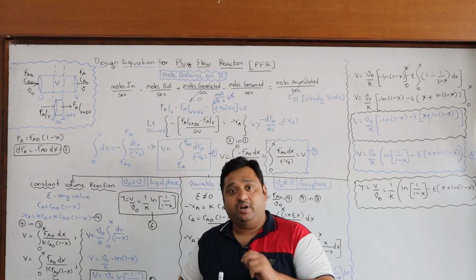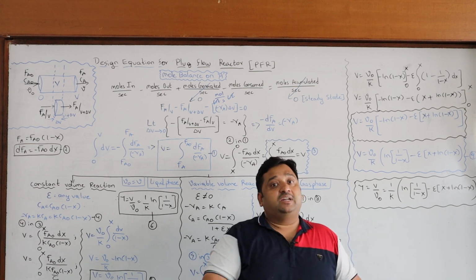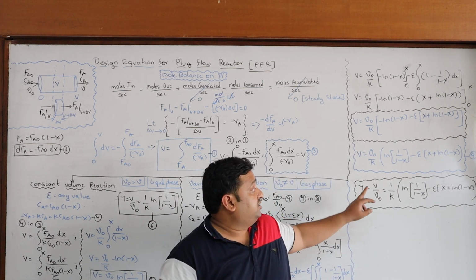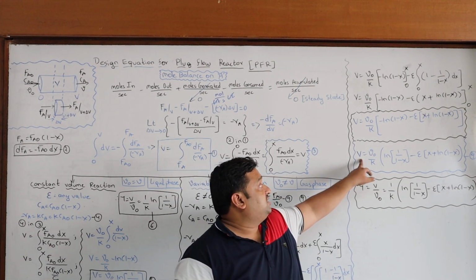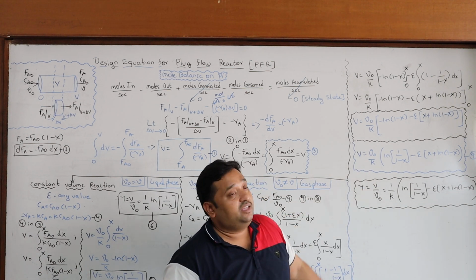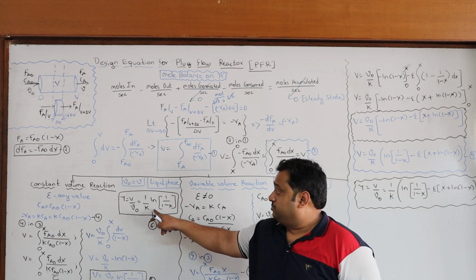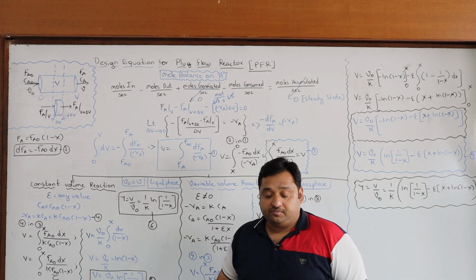If a reactor is 2 liters, how much time does it take for this 2 liters to come out of the reactor? That is what space time is. Now, you can use this expression to calculate the volume, you can use this expression to calculate the space time, and it is a similar way. Here also space time, here is the volume.